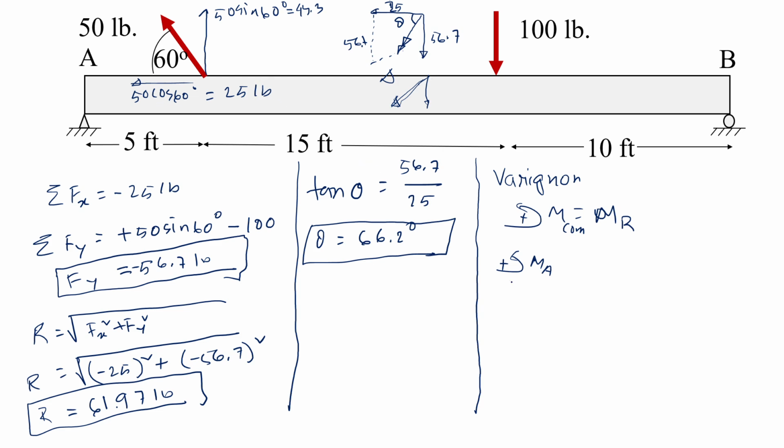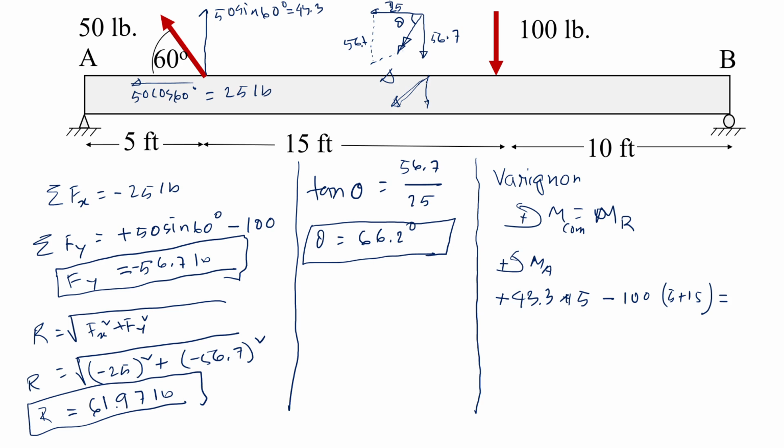The 43.3 pound, the vertical component of the 50 pound, will do a positive, counterclockwise moment: 43.3 times the distance 5. And then the 100 pound will do a clockwise moment, so that's going to be negative 100 times the distance, 5 plus 15 from A. And that will be exactly the same as the moment coming from the resultant.